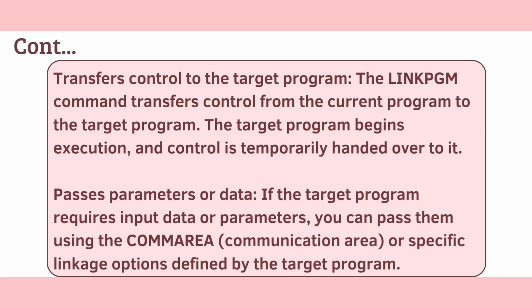Passes parameters or data. If the target program requires input data or parameters, you can pass them using the COMMAREA, that is, communication area, or specific linkage options defined by the target program. This allows the target program to access and process the passed data.